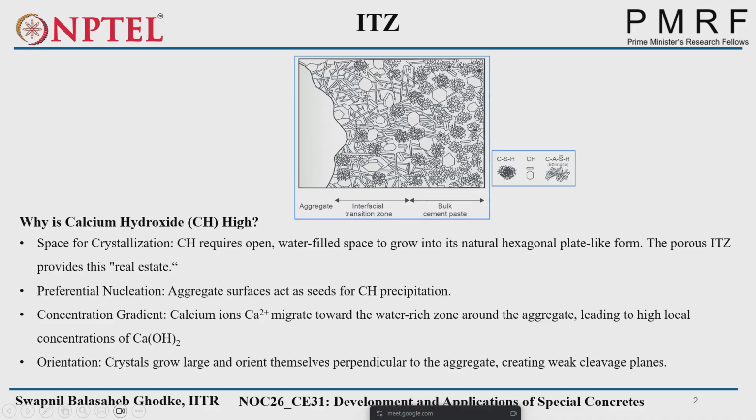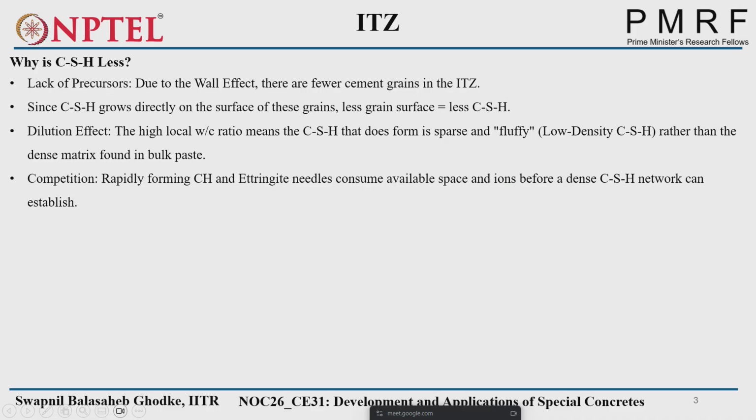There the Ca2+ reacts with water and creates calcium hydroxide in that weakened area surrounding the coarse aggregates, oriented perpendicular to the aggregate. You can see these hexagonal structures are present in a high percentage.